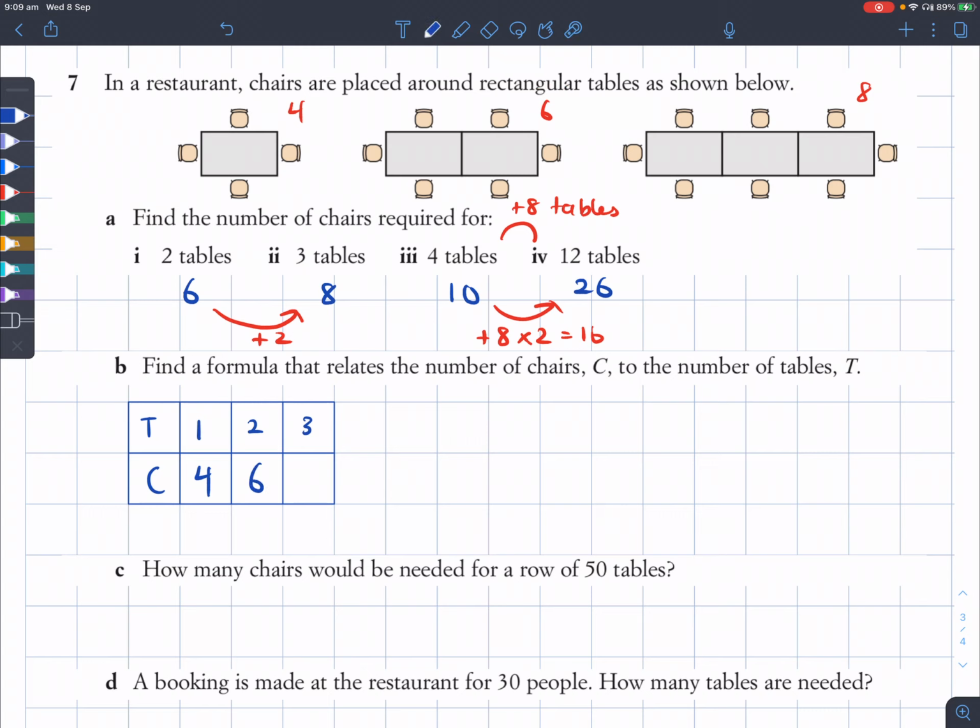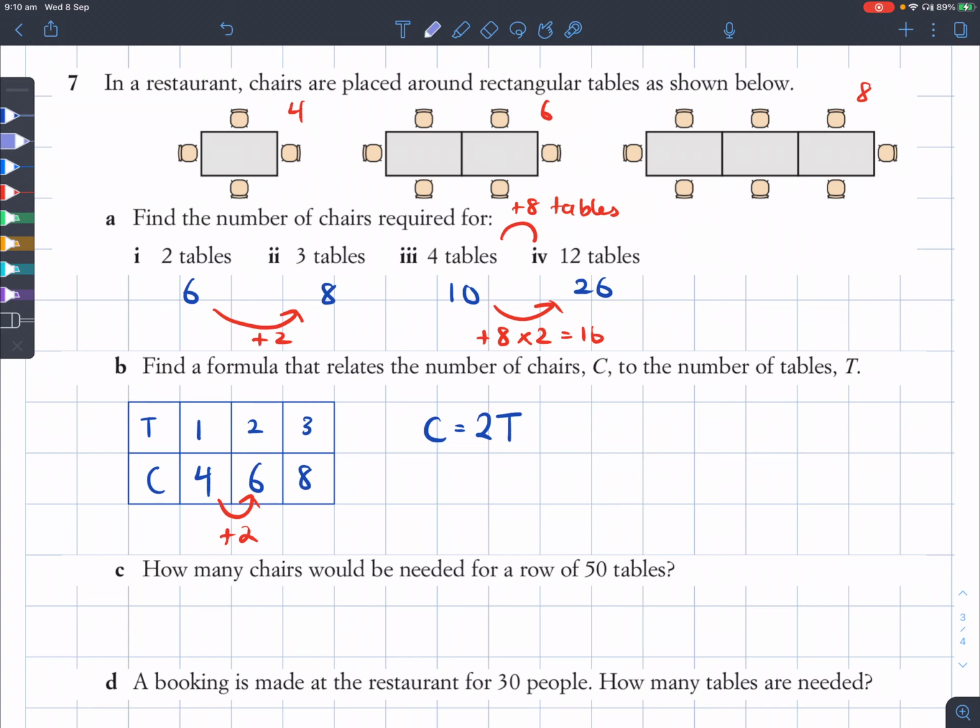And then for 3 tables, there are 8 chairs. So we know that it goes up by 2. So using the second letter, first of all, we write C equals 2 times that first letter on the first row. That's T in capitals. It's important it's capitals also because they use that in the question.